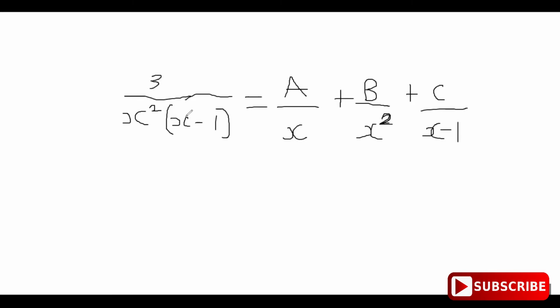The formula that you need to remember for repeated linear is a over the linear factor by itself plus another constant b over the linear factor squared. And so it's going to be a over x plus b over x squared. And then you're going to put c over this x minus 1. All right? Yes, sir.